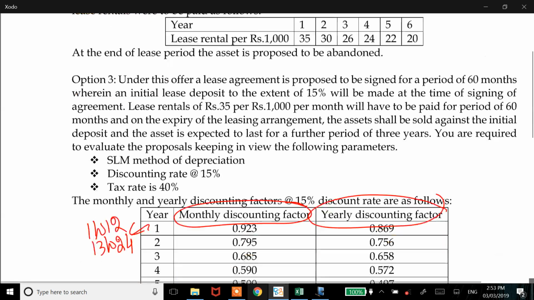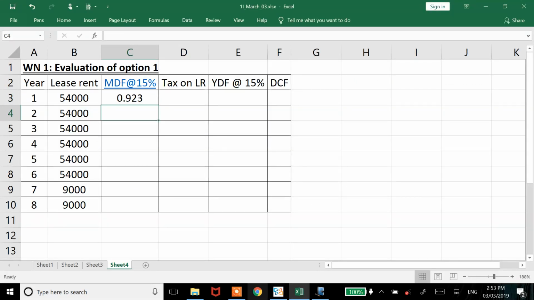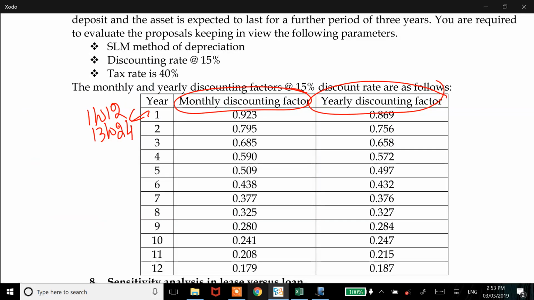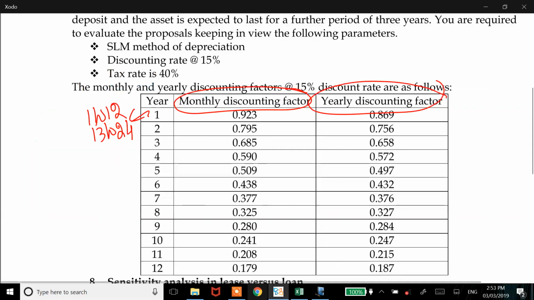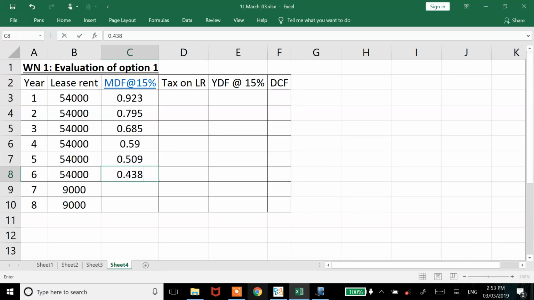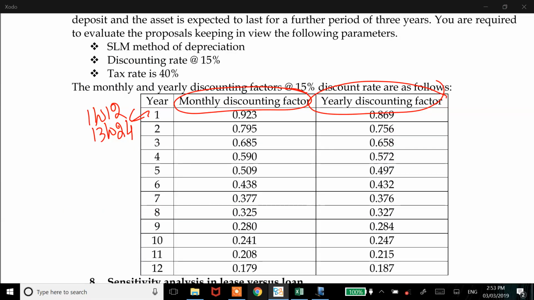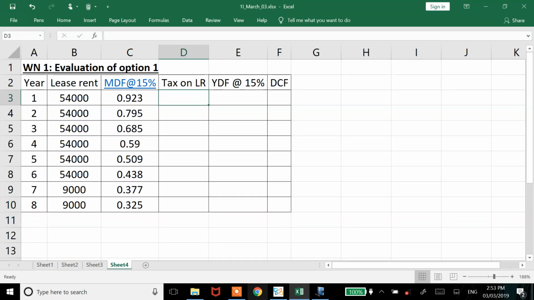You can copy the factors from the question. The lease rent is paid monthly, so you will discount with a monthly factor, and tax on lease rent will be at yearly discounting factor.